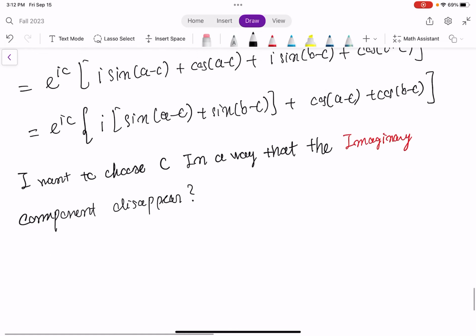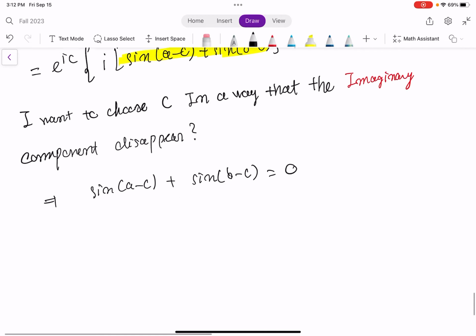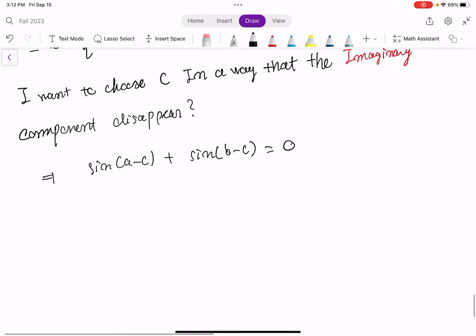How can I do that? I set the imaginary component equal to 0. So sine(a minus c) plus sine(b minus c) equals 0. This part I highlight in yellow. In order for this to be equal to 0, sine of (a minus c) has to equal negative sine of (b minus c).